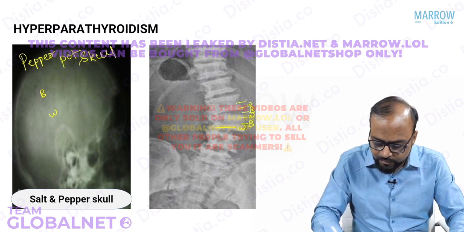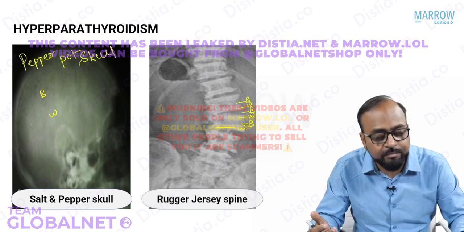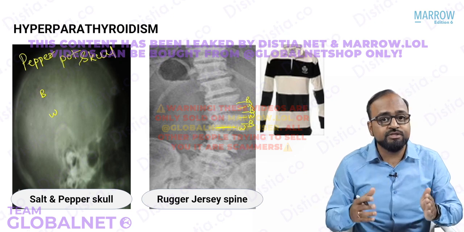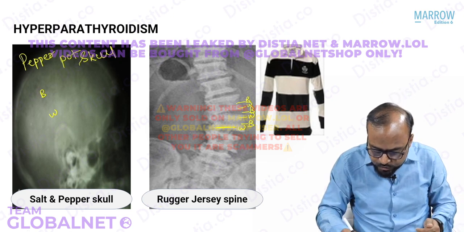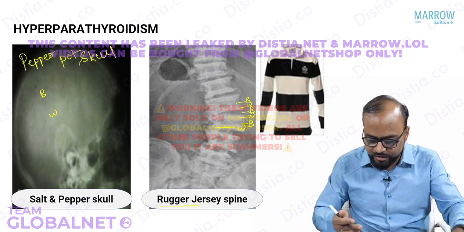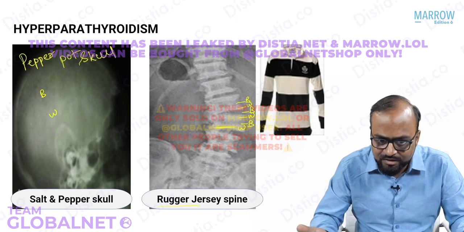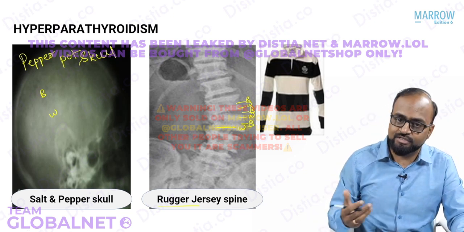So again, white band, black band. All these alternate striped appearances are given a name. This is called a rugger jersey spine, and that is because it resembles a football jersey. So this striped appearance in hyperparathyroidism is what is called the rugger jersey spine.